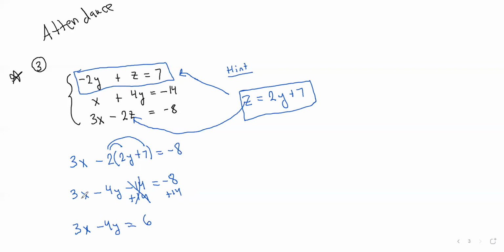And so what we have here is the second and the third equation after we've substituted in z, forming a system of two equations, and the variables are x and y. So what you're going to want to do is take this second equation and this equation we just found and solve them for x and y.